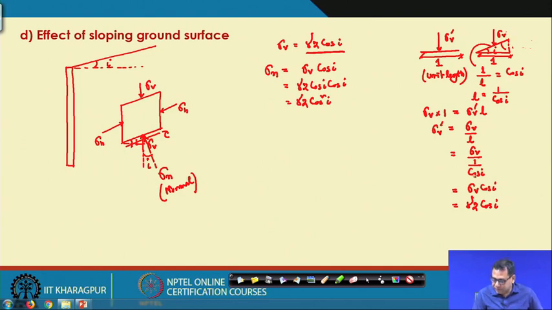Or you can write it in this way, because I have written this is sigma v.